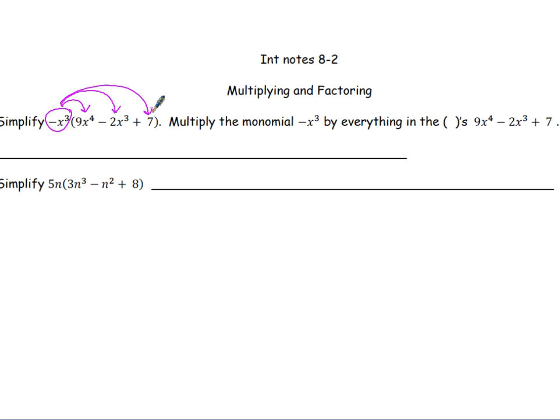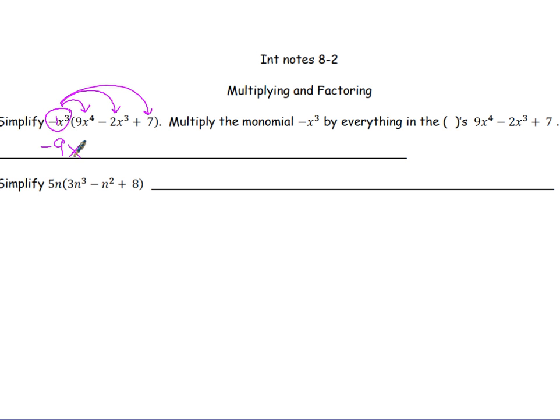So when I do negative x to the third times 9x to the fourth, well, we know when we multiply one exponent by another exponent, we add them. So the negative 1 times 9 is negative 9.